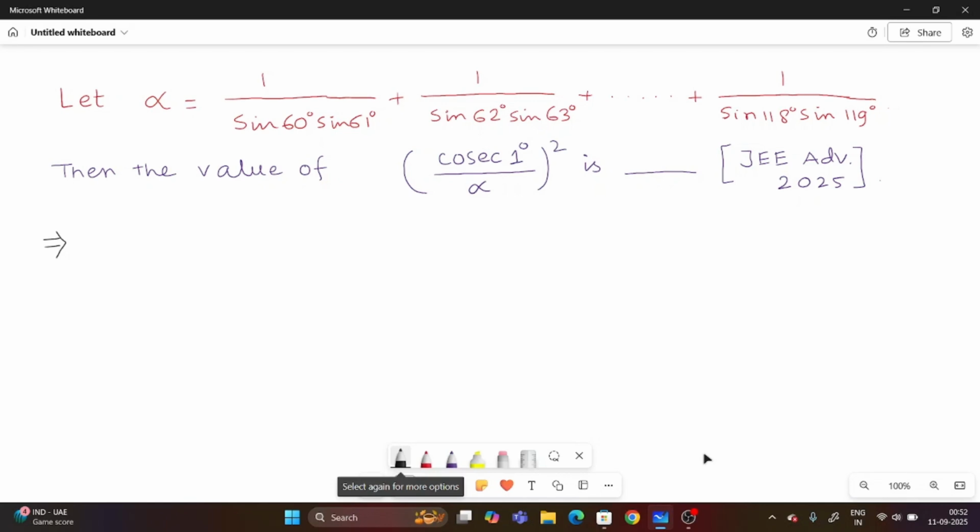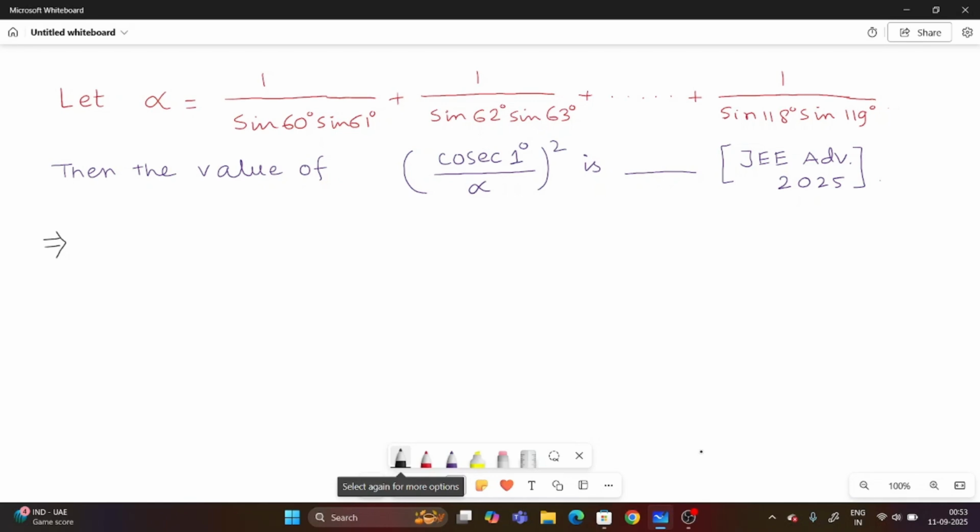So we can see that in each case, the difference between angles is 1 degree. That is the important part of this question. And we have to find the value of cosec 1 degree by alpha whole square. That means we have to introduce 1 degree to simplify the given expression, which is denoted by alpha.